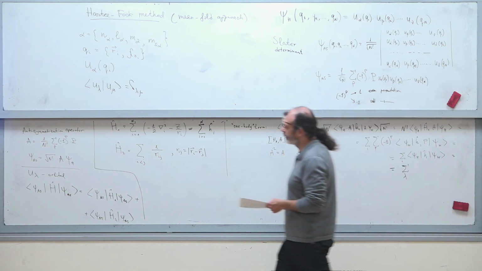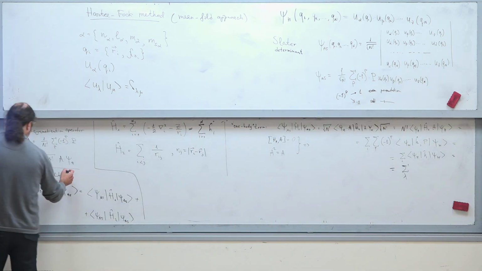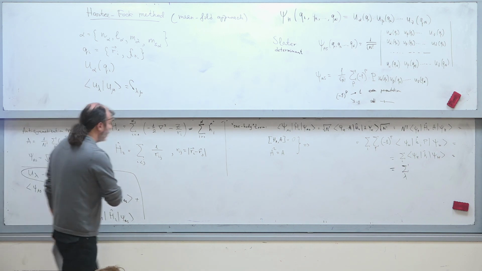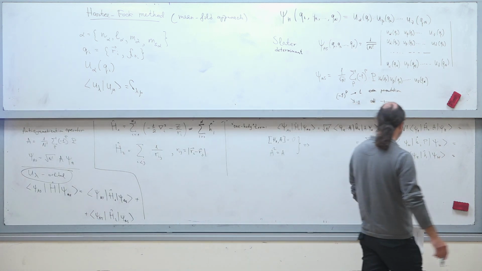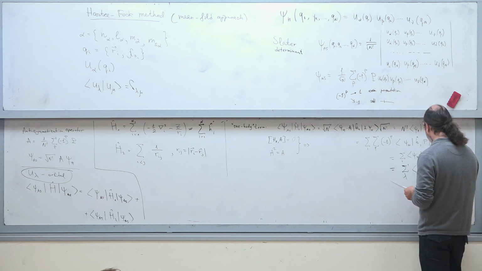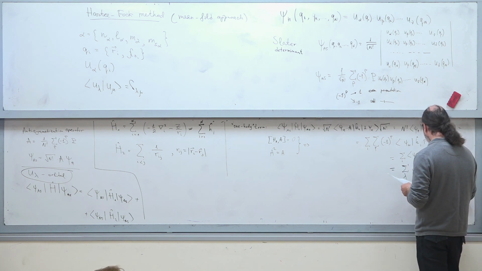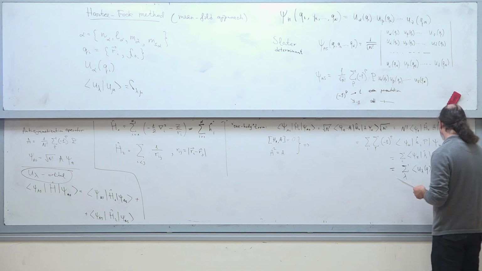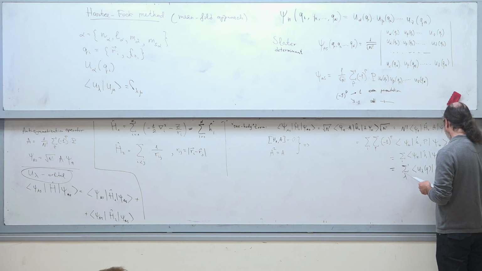I remind you that we consider this orbital, and this is the sum of these orbitals u lambda, with u lambda on one side, this Hamiltonian h, and from the other side I have this u lambda.